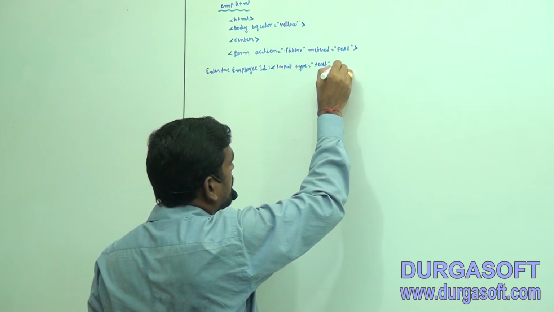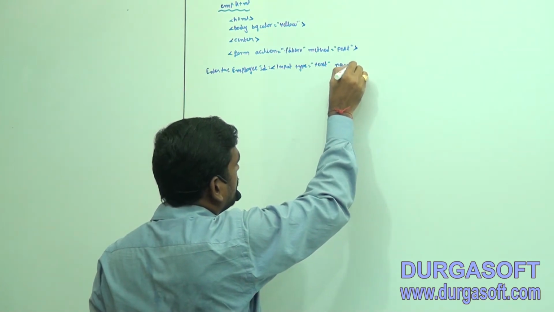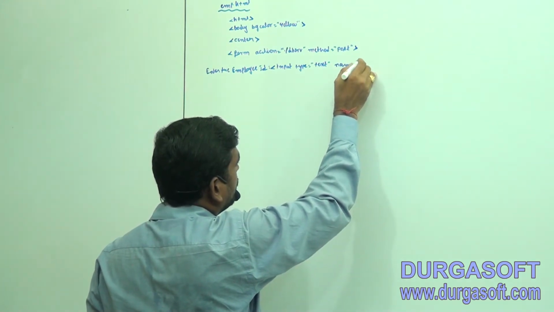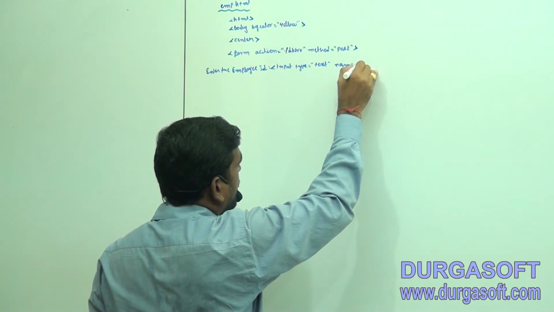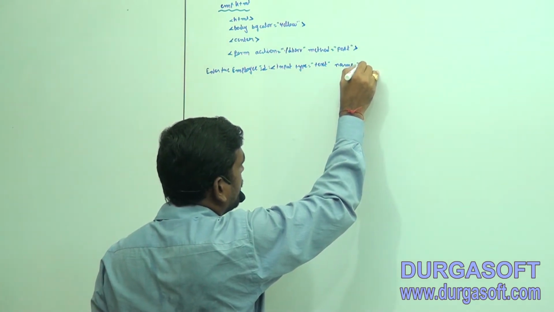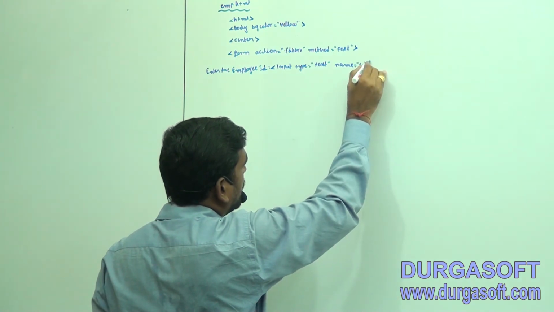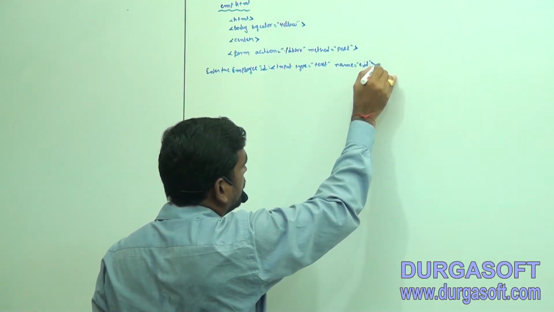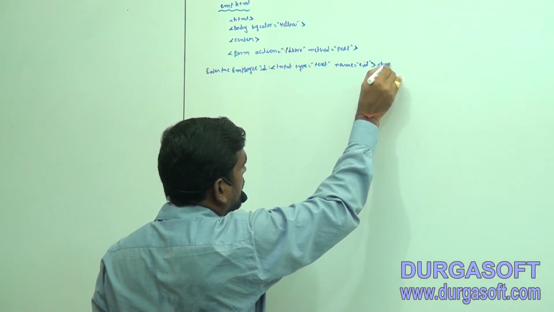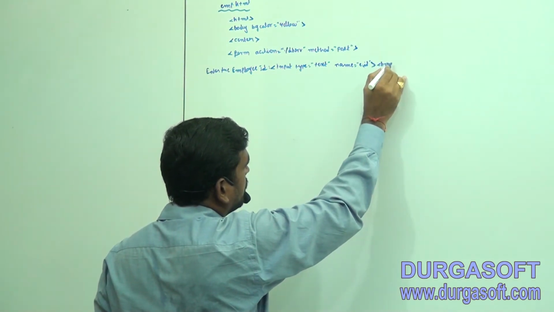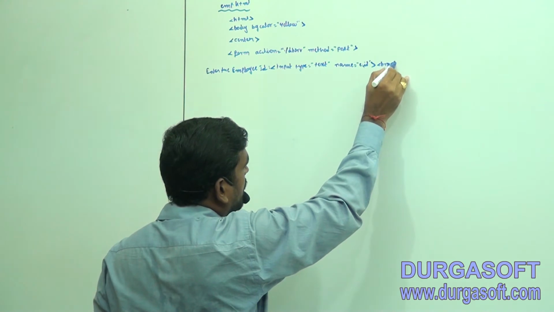Name is equal to so-and-so name, some name we can give the text box, eid. The next BR tag.